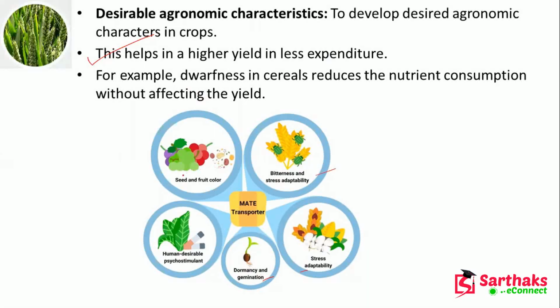Bitterness and stress adaptability, and seed and fruit color, and human desirable psychostimulant has been given. So these are the different types of agronomic characteristics. With these we can get high yield with less expenditure.